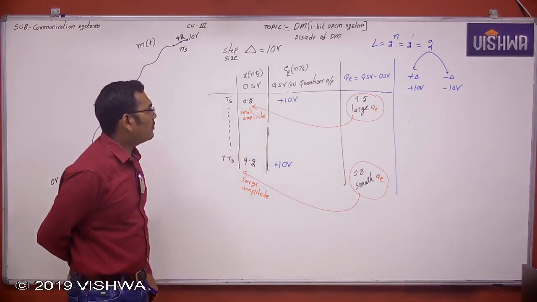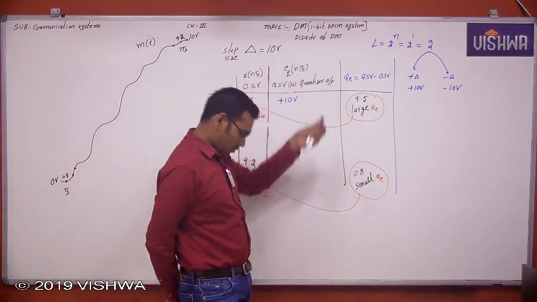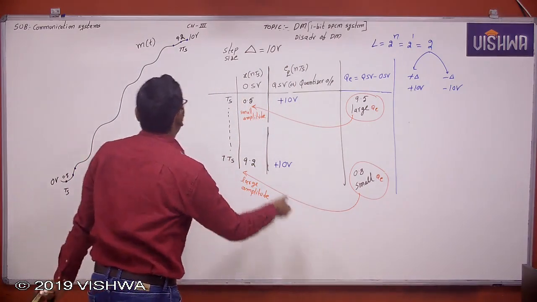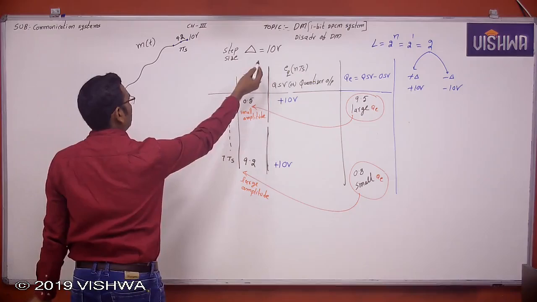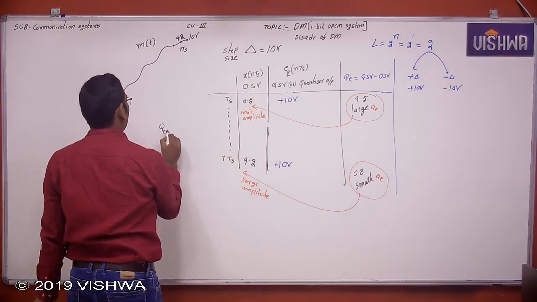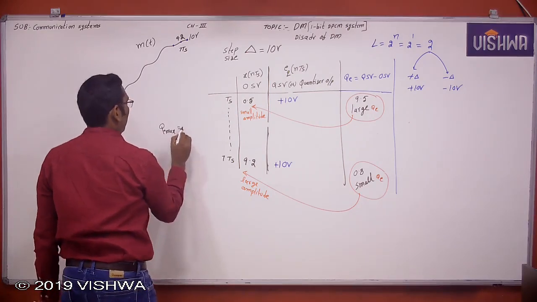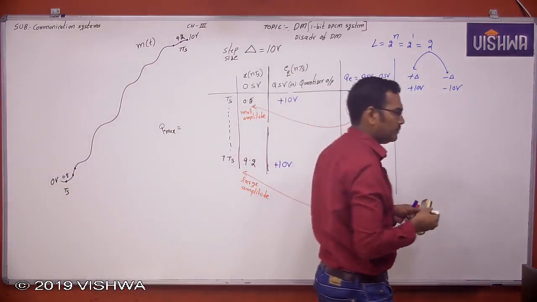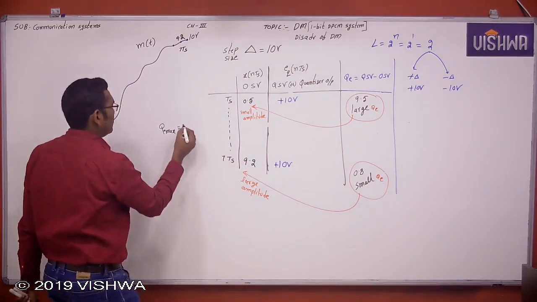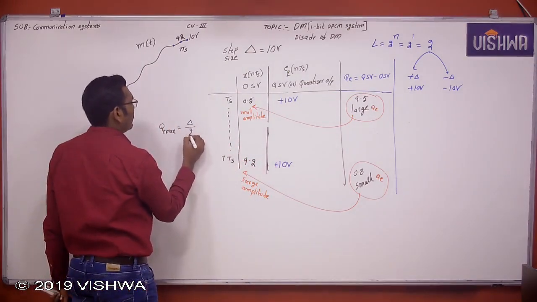Okay, students, now we'll see the disadvantages of delta modulation. Now, what is the step size? The step size is delta. So, what is the maximum quantization error? The maximum quantization error is delta by 2.